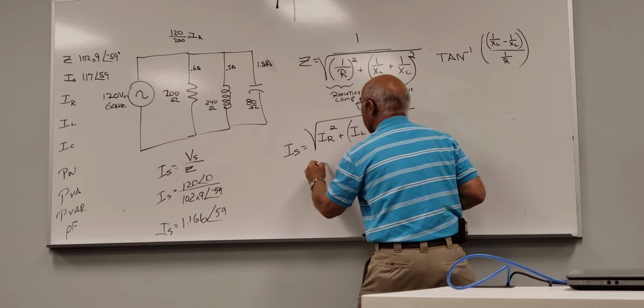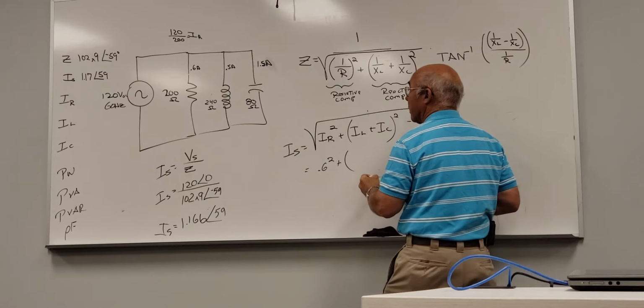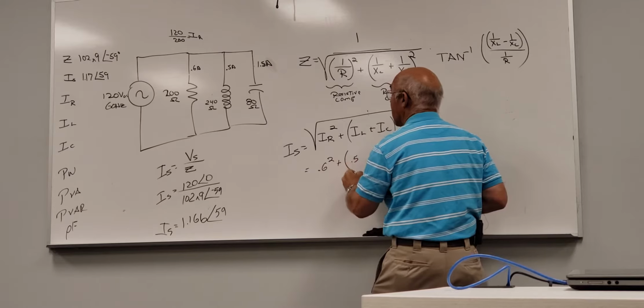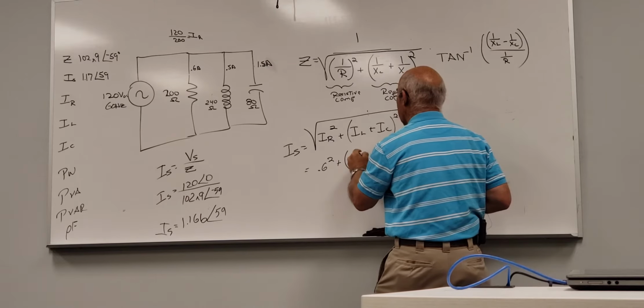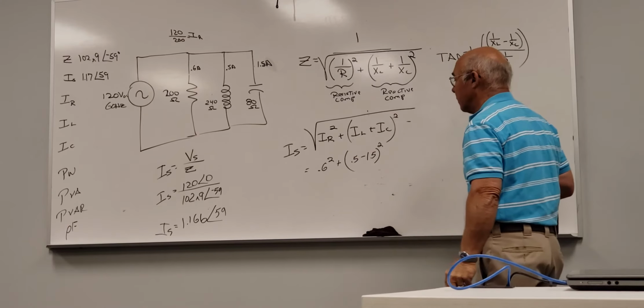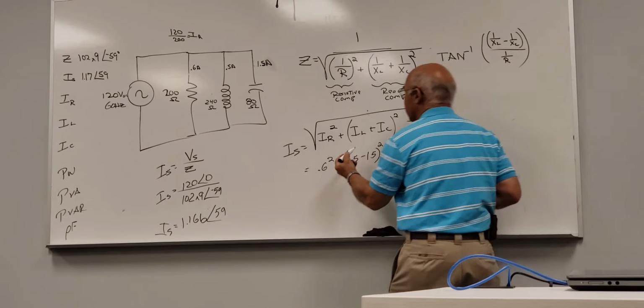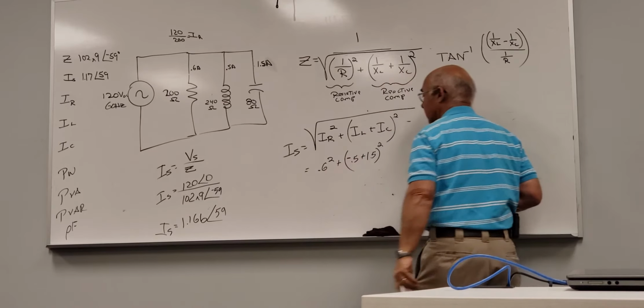Alright, we just plug in information. I sub R is 0.6 squared. I sub L, 0.5 minus 1.5, squared. Or, actually, looking at currents, this current is negative, this is positive.